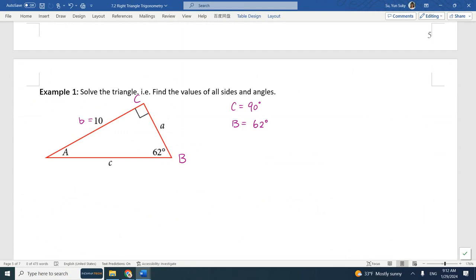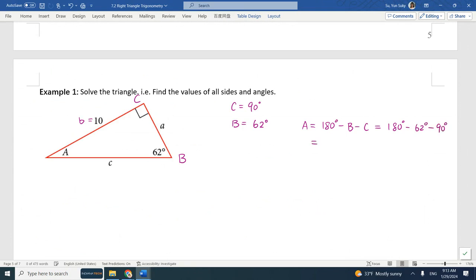Right, everybody? And now we can find angle A. So what is the sum of the three angles in a triangle? 180 degrees, right? So angle A is 180 degrees minus B and minus C. So 180 degrees minus 62 degrees and minus 90 degrees.